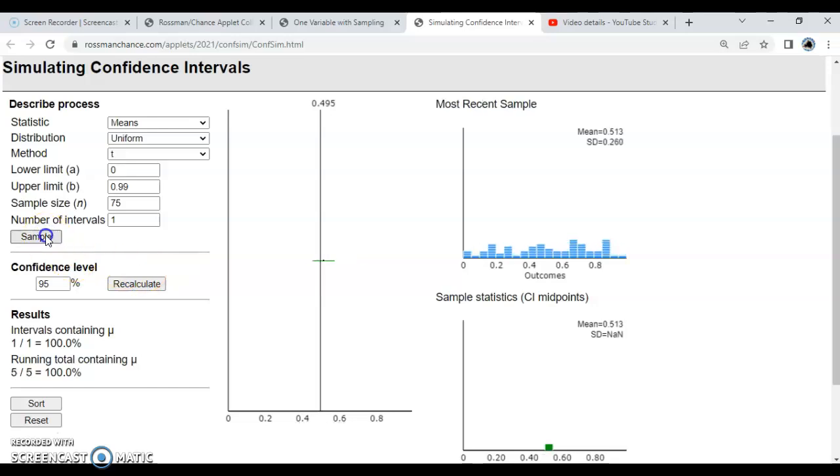And we can take a few more. All of these are working for us. Now, you'll notice we get a red one. The red one, you can probably guess, fails to capture that value. If we look at the endpoints, it's 0.496 to 0.622. So it does not capture the actual population mean.